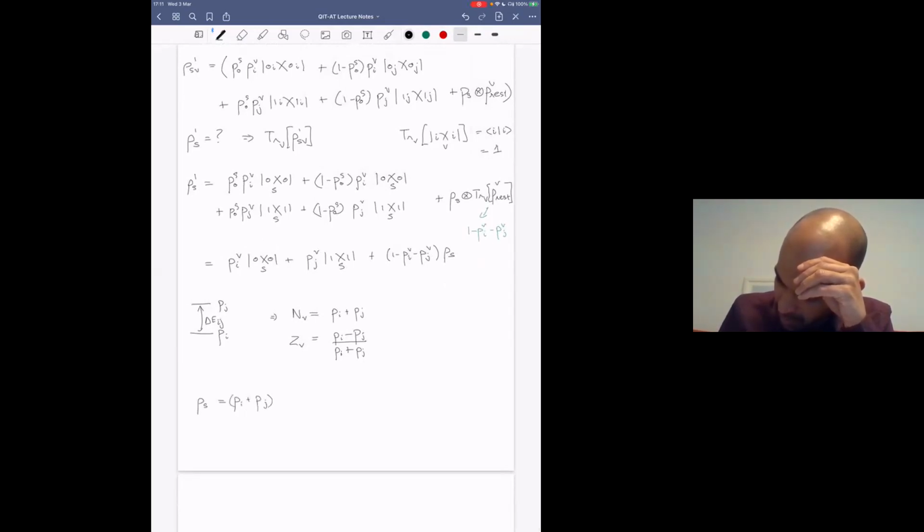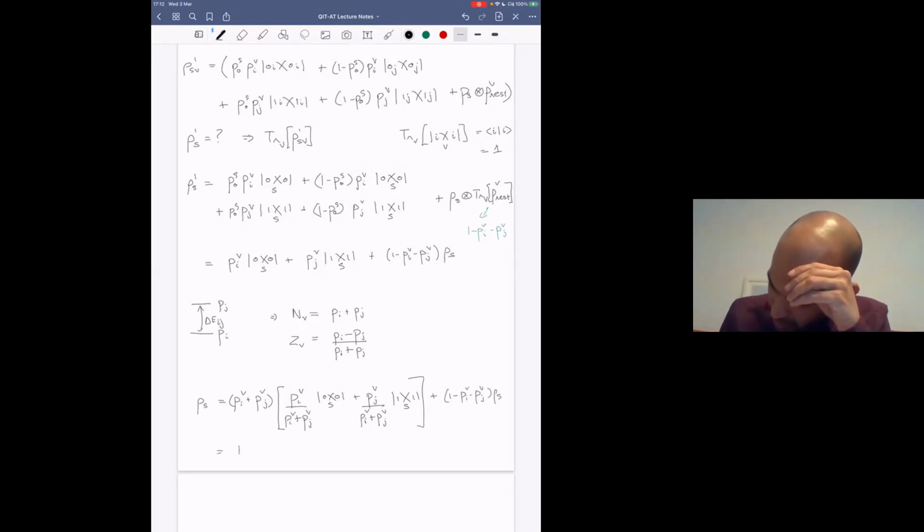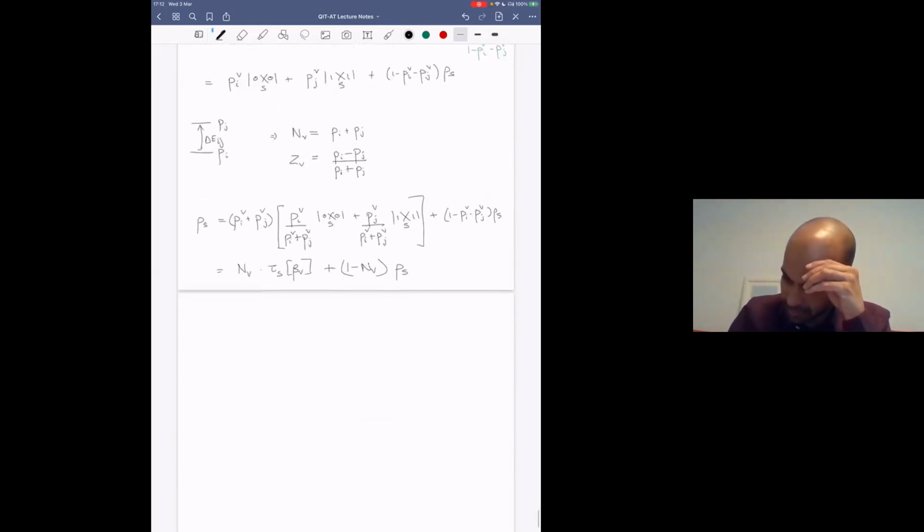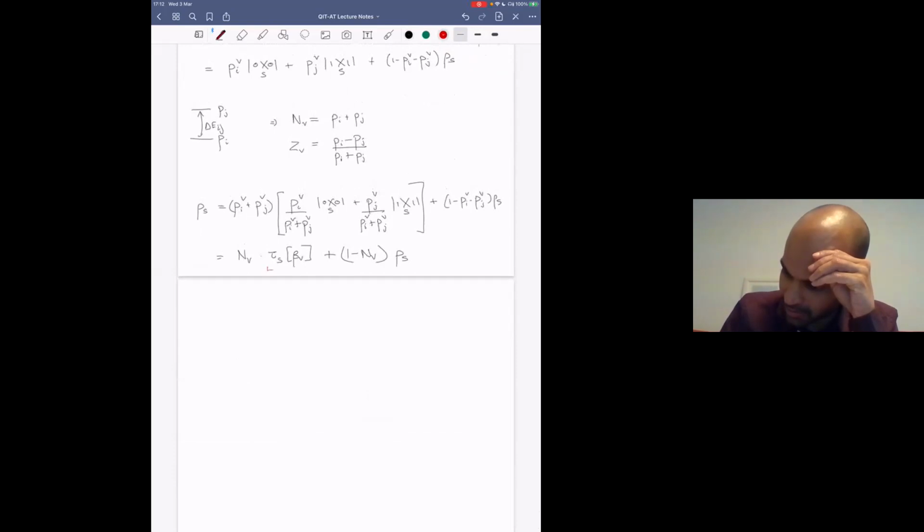I'm just going to multiply and divide by Pi plus Pj, so that in the first bracket I have PIV upon Pi plus Pj with the 0 state, plus PJV upon Pi plus Pj with the 1 state, plus (1 minus Pi minus Pj) V, rho S, which is equal to, and now I'm going to write this as NV times tau S times rho S. Now, what is this tau S beta V?